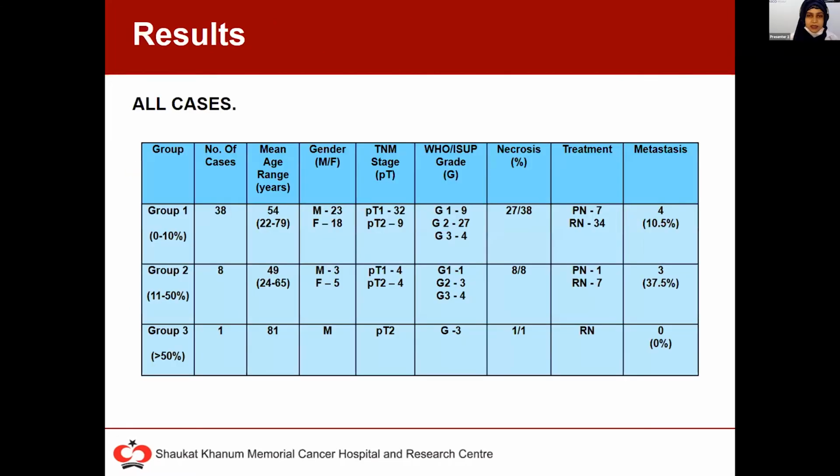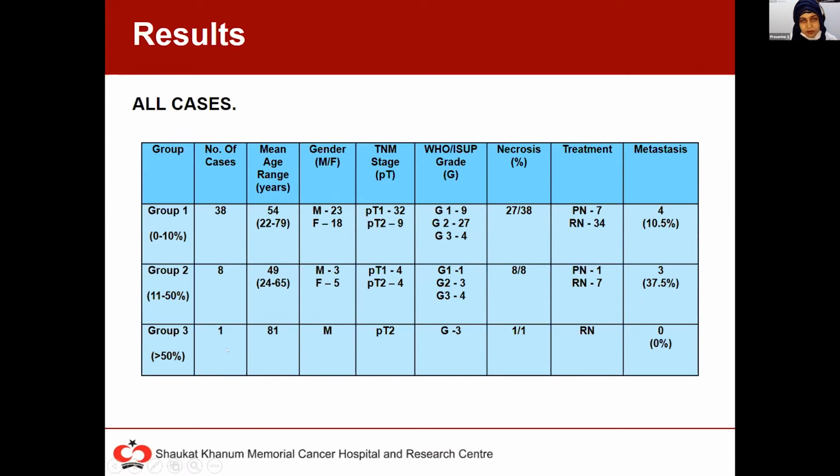So this is the tabulated form of all our cases. As we can see, in group 1, there were a total of 38 cases, and 27 out of 38 cases showed tumor necrosis, and 4 cases showed distant metastasis. In group 2, there were a total of 8 cases. All of them demonstrated tumor necrosis, and 3 out of 8 cases showed distant mets.